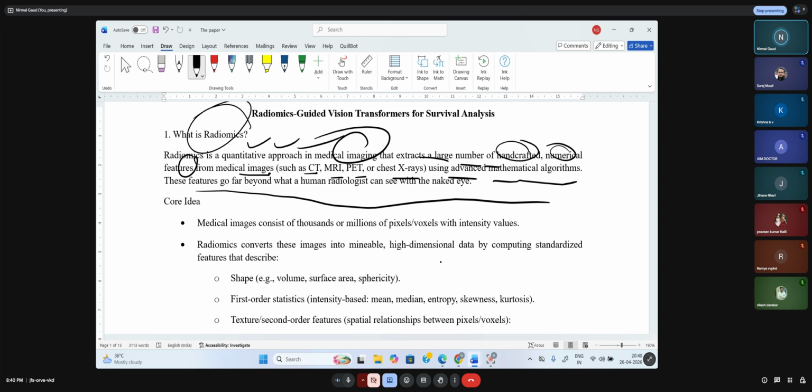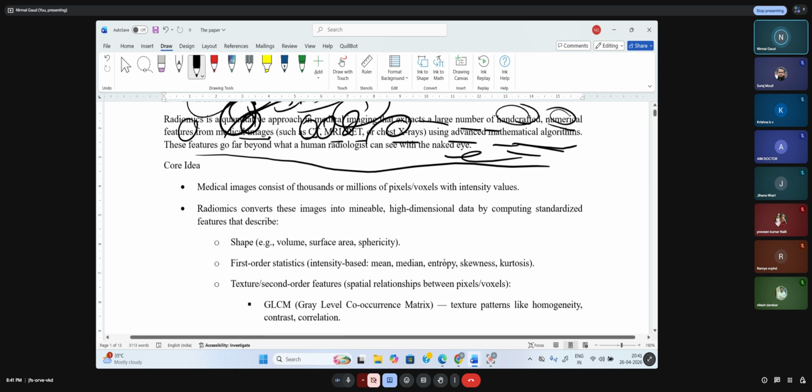So radiomics, radiology, a quantitative approach, not qualitative. Quantitative is a number. So it's a numerical approach to extract handcrafted features from images such as CT scan, MRI, PET.